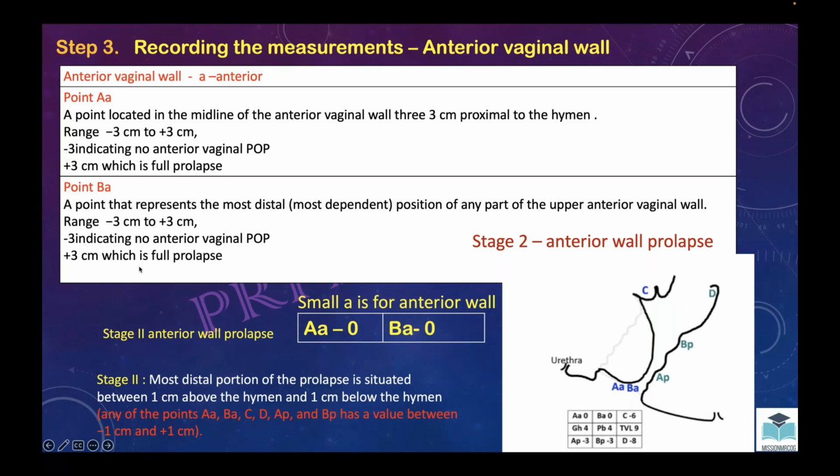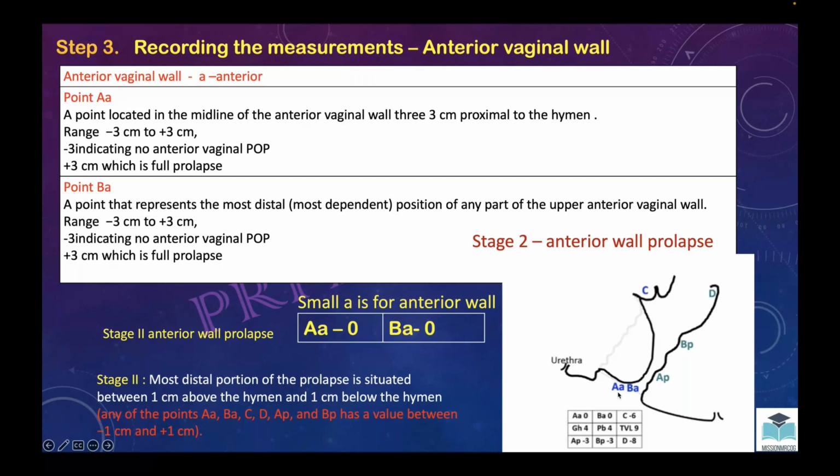If you look at this picture, this is the hymen, and both point A and point B have come here, and the hymen is 0. So you can see BA and AA, both of them are at 0.